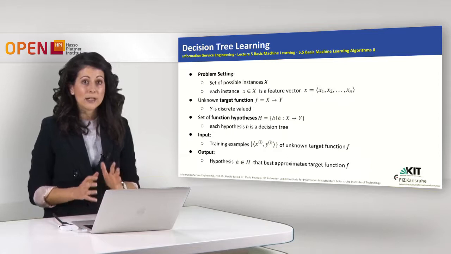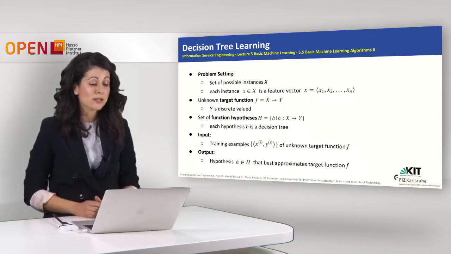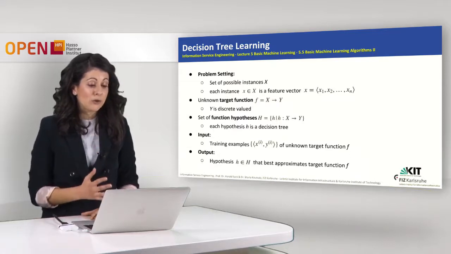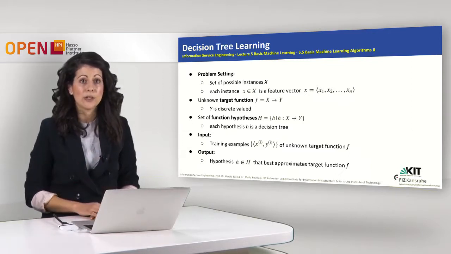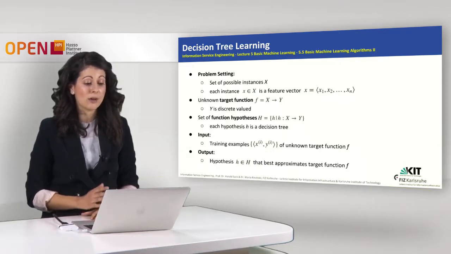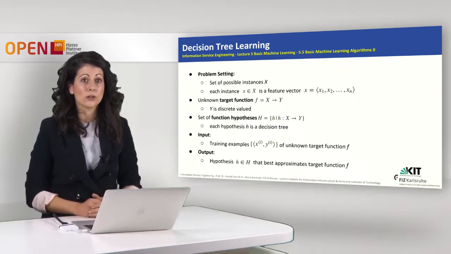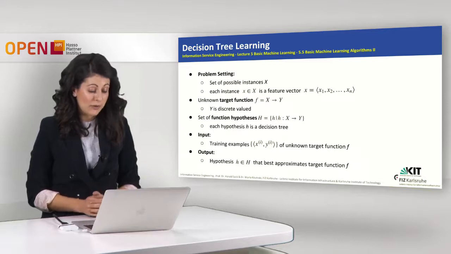But let's try to make it a bit more formal and see how the decision tree learning process works. The problem setting is the following. We have a set of possible instances x, where each instance x is a feature vector of this form. We also have an unknown target function f, which relates x with the decision y, where y is discrete valued.